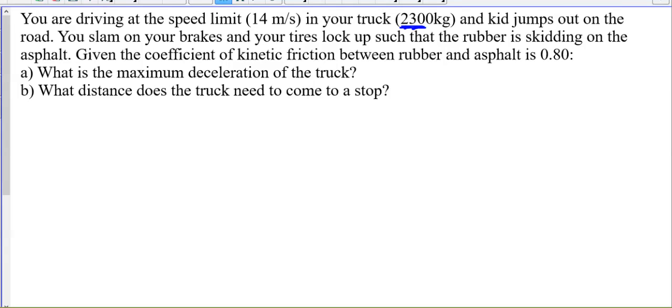You slam on your brakes and your tires lock up such that the rubber is skidding on the asphalt. Given the coefficient of kinetic friction between rubber and asphalt is 0.8, according to that chart, A, what is the maximum deceleration of the truck? At what rate will the truck slow down? And B, what distance does the truck need to come to a stop?